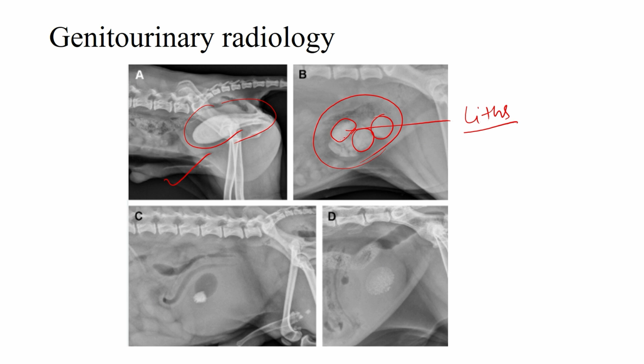These are liths, or stones, which have aggregated and developed in the bladder. There are different features here, and this is a bigger stone. To be very specific, when we talk about stones in the bladder, we call it urolithiasis.